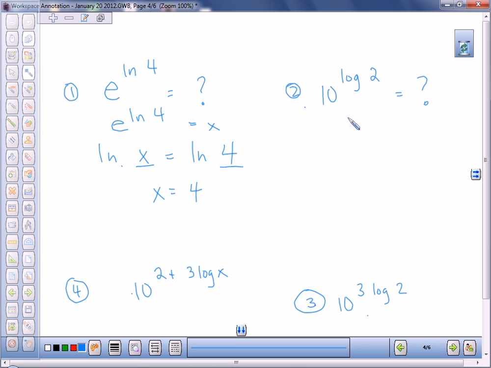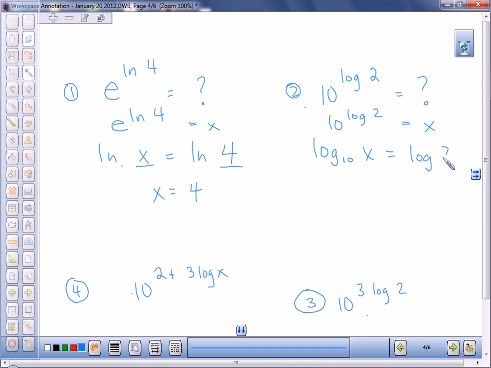All right, so this is 10 to the log of 2. So let's go ahead and say that equal to x, and switch forms. So what would this be when I switch forms? Log base 10 of x equals log of 2.